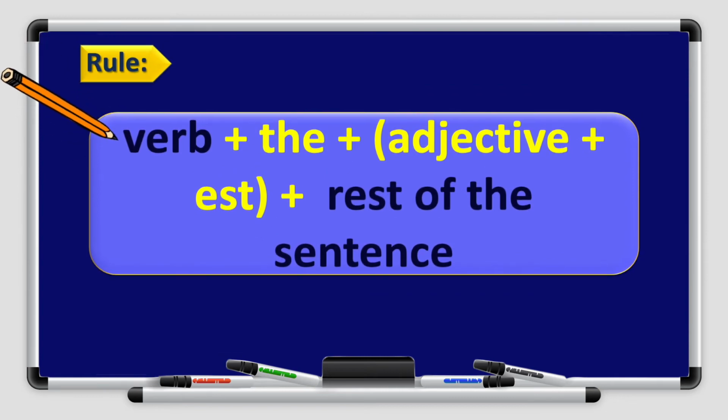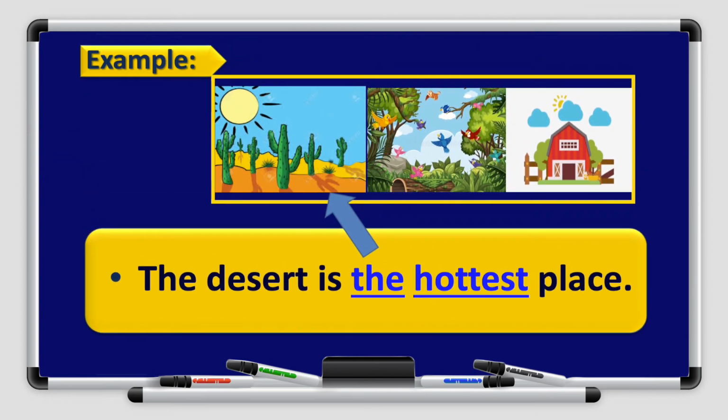It's the verb plus the plus the adjective plus est and then the rest of the sentence. One more time, our rule here is the verb plus the plus the adjective plus est and then the rest of the sentence.